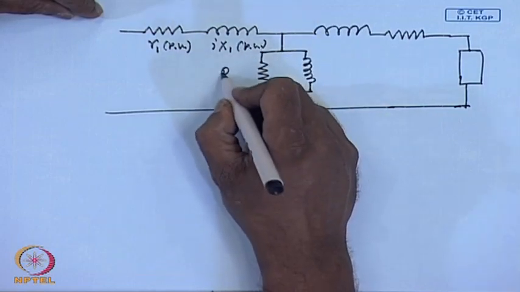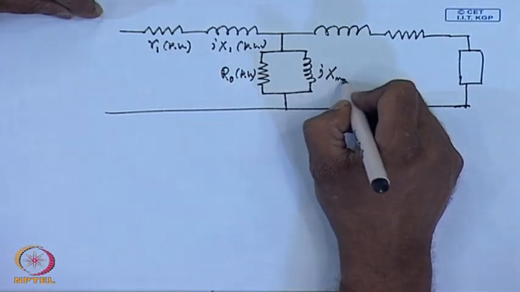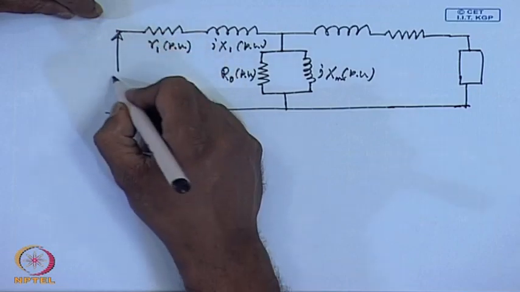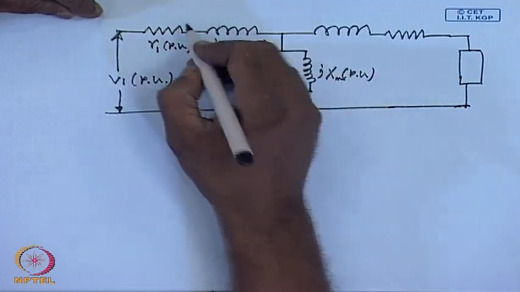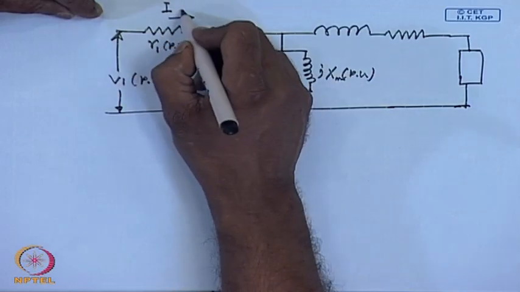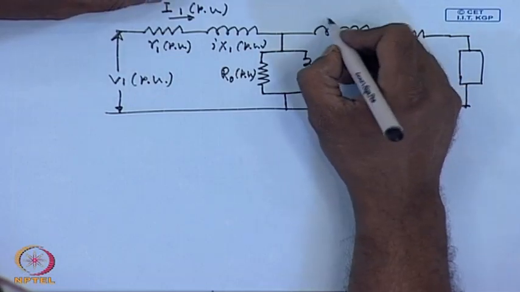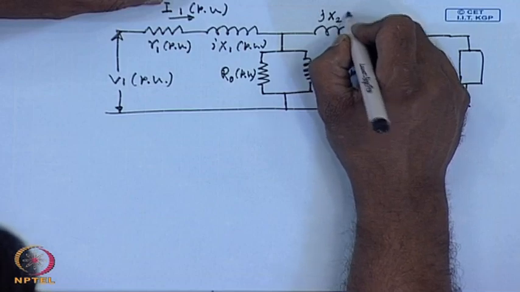All variables are also expressed in per units. And once they are expressed in per units, there is no need to refer these parameters to one side or the other by any turns ratio.